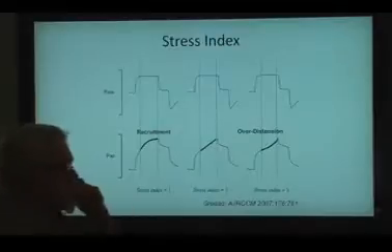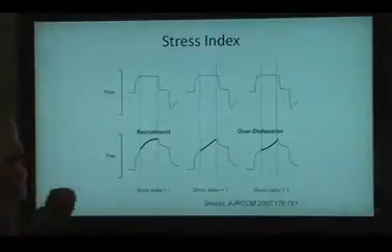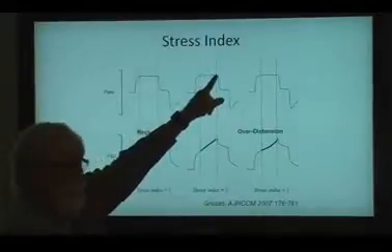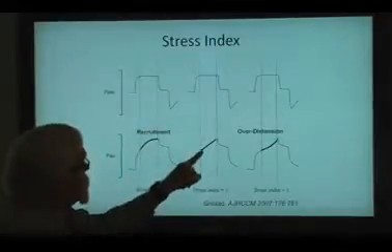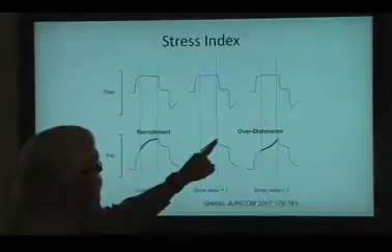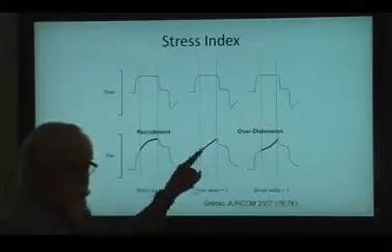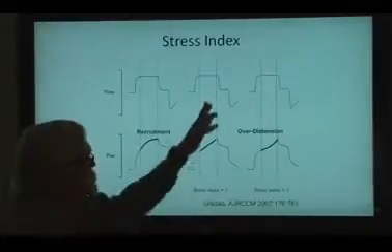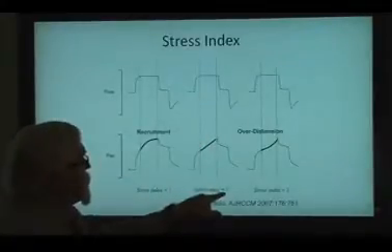So the patient's being passively ventilated. What should happen is that the lungs are being inflated at a constant flow. The rate of rise in pressure throughout most of the breath should be constant, linear, a straight line. And that's normal, and that's a stress index of 1.